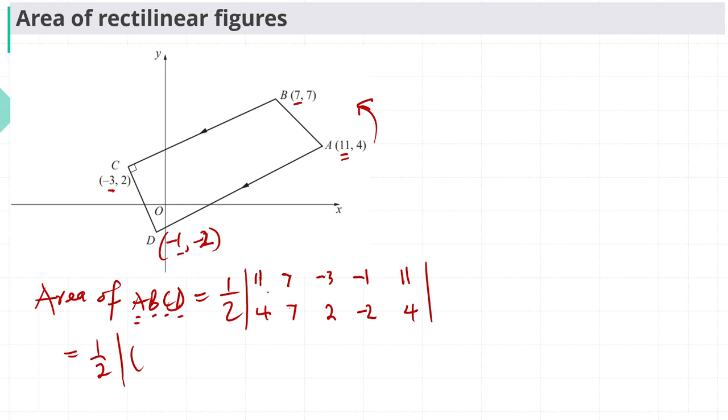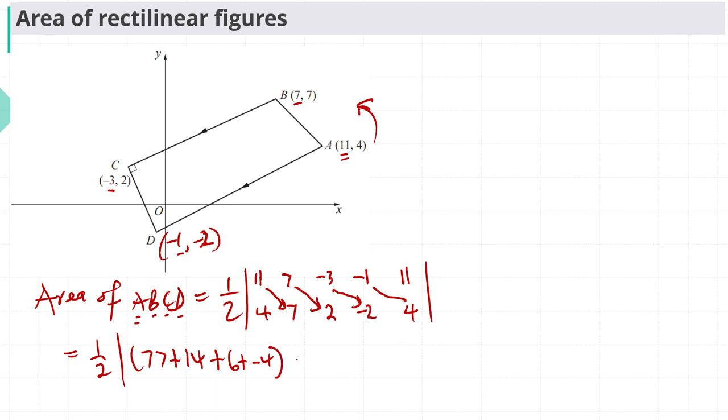Now you are going to take the sum of the downward products. 11 multiplied by 7 is 77, plus 7 multiplied by 2 gives you 14, plus minus 3 multiplied by minus 2, that's 6, plus minus 1 multiplied by 4 gives you minus 4.